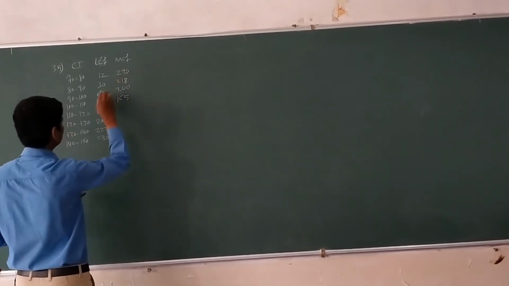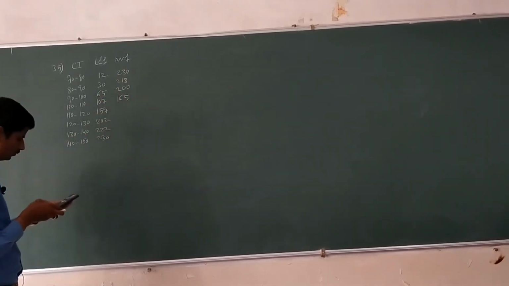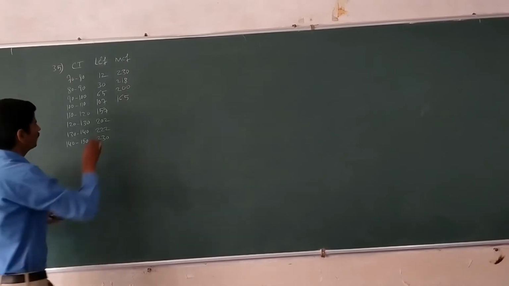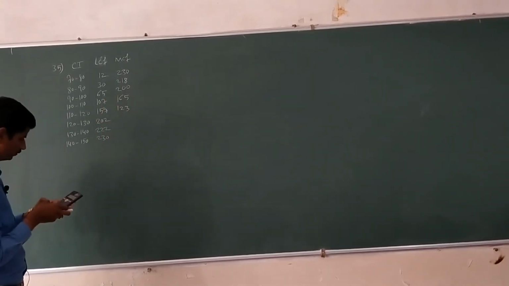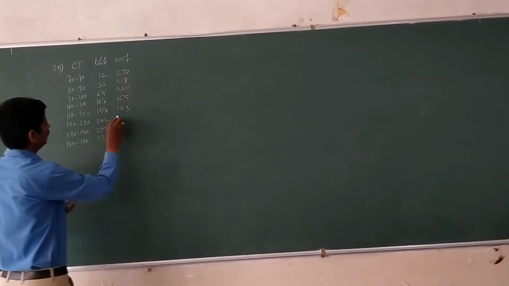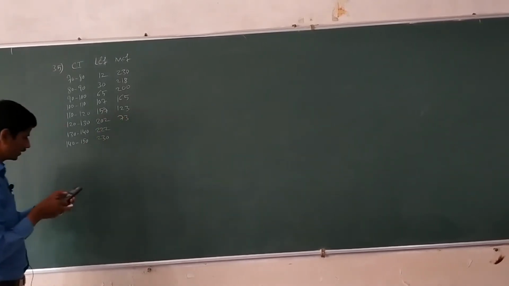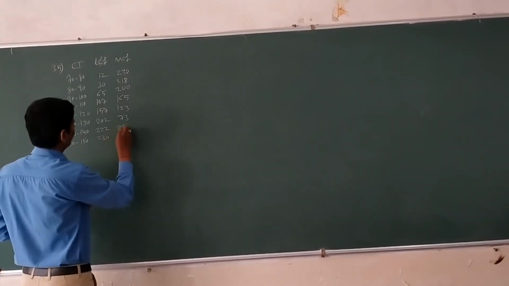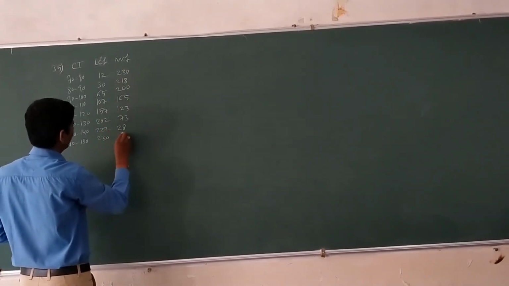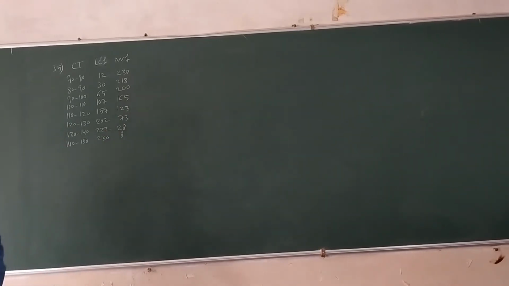The next, 230 minus 107, gives 123. The next, 230 minus 157, is 73. 230 minus 202 gives 28. 230 minus 222 is 8. These are the MCFs.